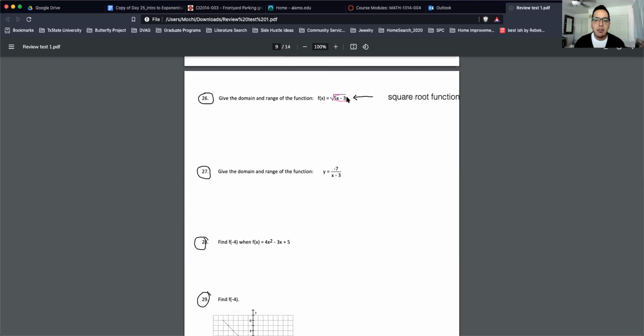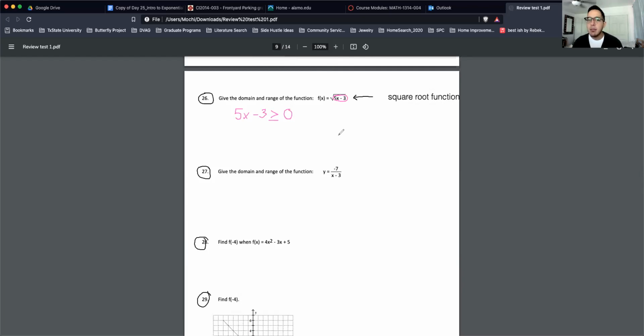That is, the 5x minus 3, and set up an inequality so that we can keep that stuff positive. So we're going to set this greater than or equal to 0 because we don't want any negative numbers inside the square root.